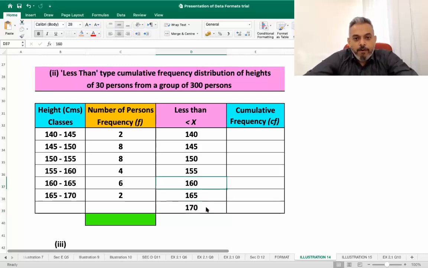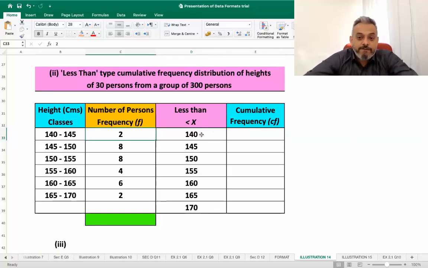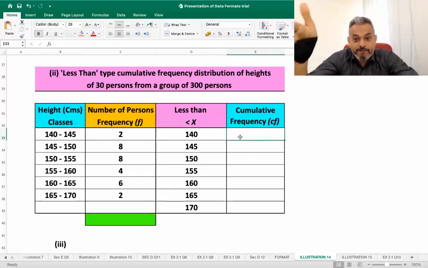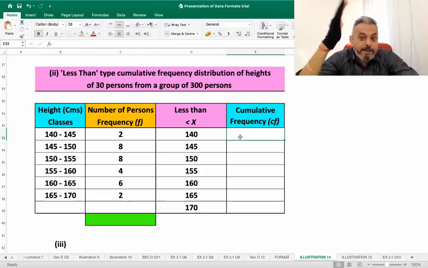Now less than 140, because the tally mark for 140 we will do here, but less than 140, what will be the cumulative frequency? What's the frequency for students less than 140? Minimum is 141. Not even one is less than 140, so 0.